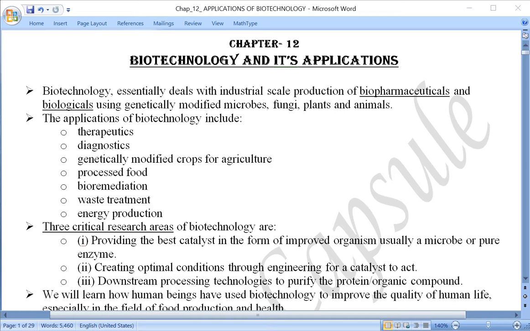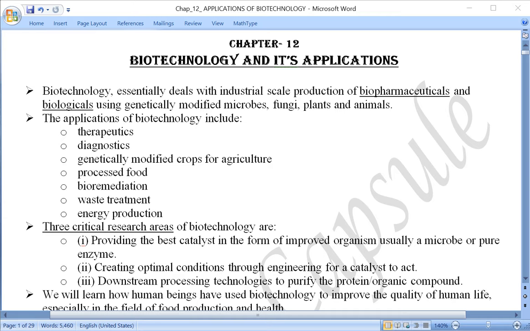At that time, insulin was obtained from the pancreas of slaughtered cattle. And this insulin, when it was given to a human patient, caused some allergic reaction, due to which later on the gene of the human being was isolated, and then genetic engineering was used in the construction of an artificial DNA, which was inserted into the E. coli bacteria, and synthesis of insulin was done.